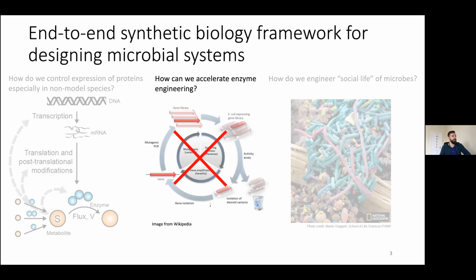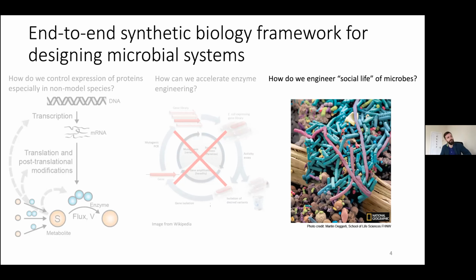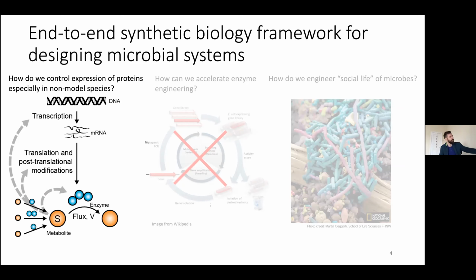Also, if you want to create more complex processes, you need to engineer the social life of microbes. For instance, if one produces an enzyme, the other one has to consume it and give something back. I will not talk about this part, but mostly focus on gene expression control and protein enhancement.